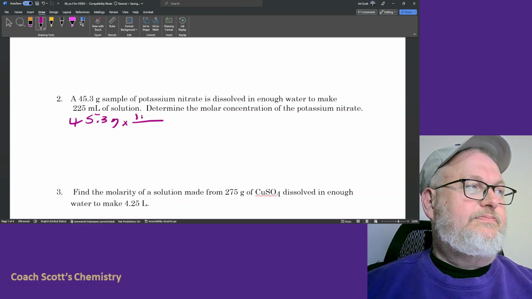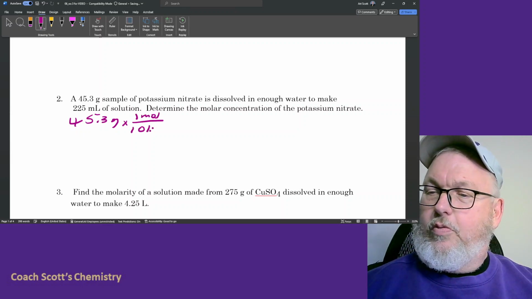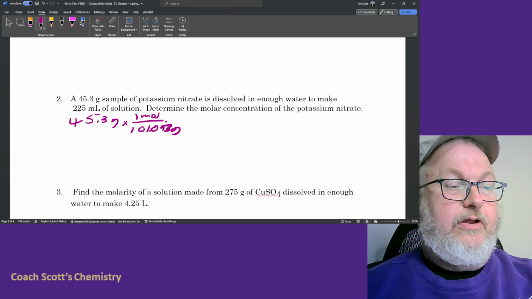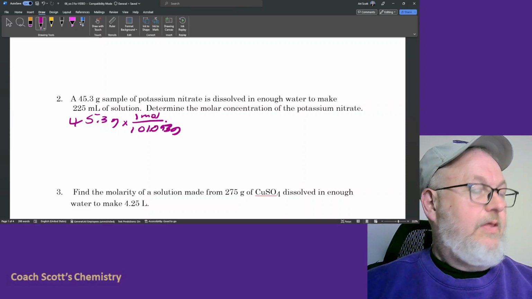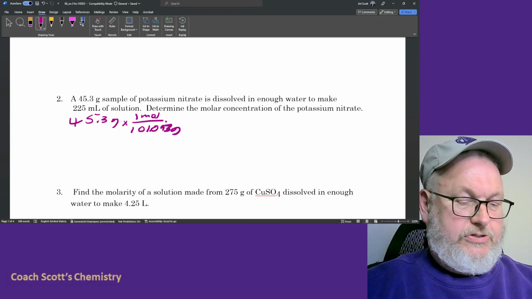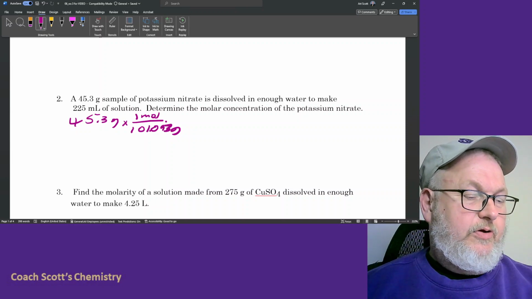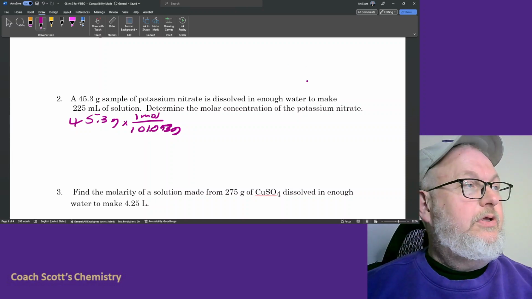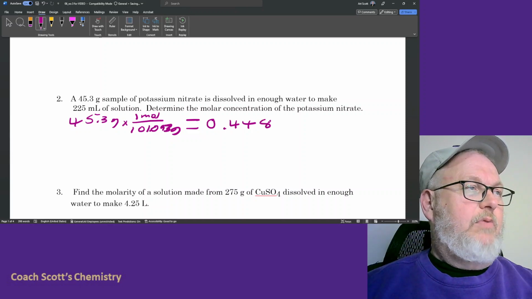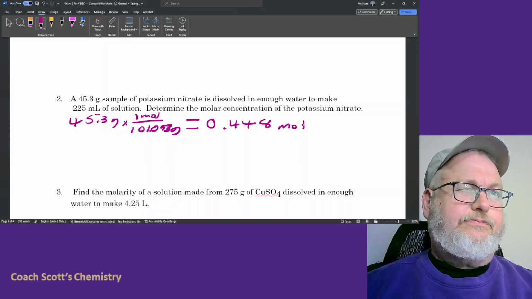1 mole is 101.097 grams. I looked on the cheat sheet down below. Calculated on my calculator, 45.3 divided by 101.097, I got 0.448 moles of KNO3.